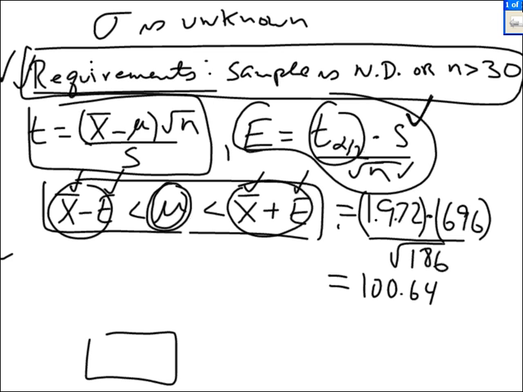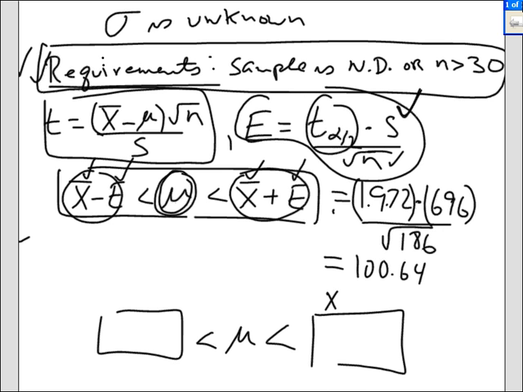Some number is less than mu, which in turn is less than some number. The number on the right is going to be x bar plus E. The number on the left is going to be x bar minus E. We know that x bar is 3103.